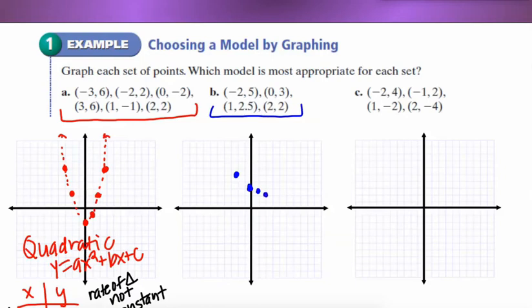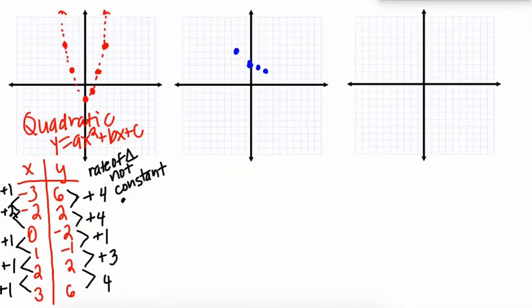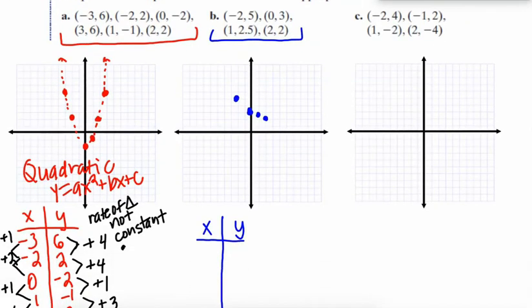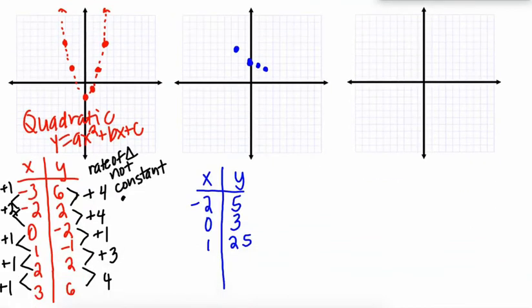Now this kind of looks linear, however, I'm going to look at that table and see what that rate of change is. If it appears to be pretty constant, we're going to go with it. So from least to greatest, our ordered pairs are already listed with respect to x: negative 2, 5, 0, 3, 1, 2.5, and then 2, 2.